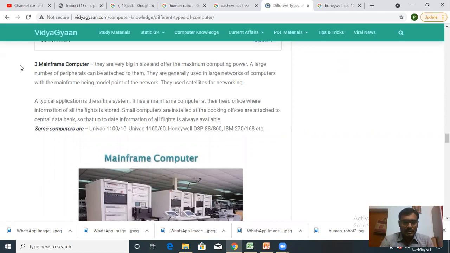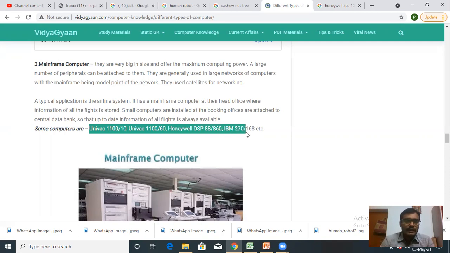They are used in satellites for networking, and some of the examples of mainframe computers are UNIVAC 1110, UNIVAC 1160, Honeywell DSP 88860, IBM 270, etc. These are the examples of mainframe computers.